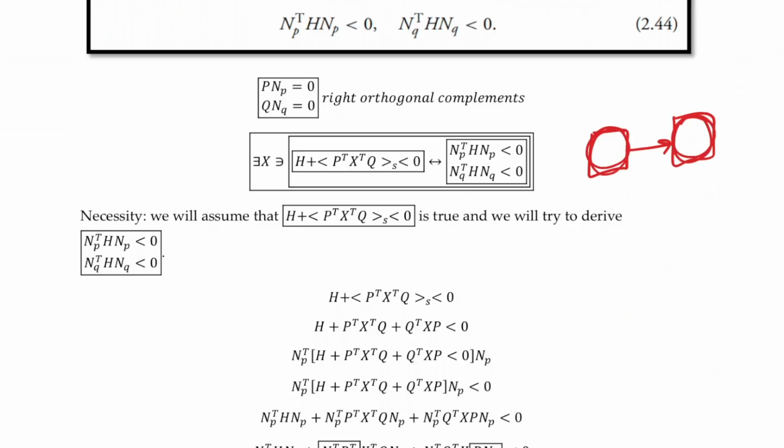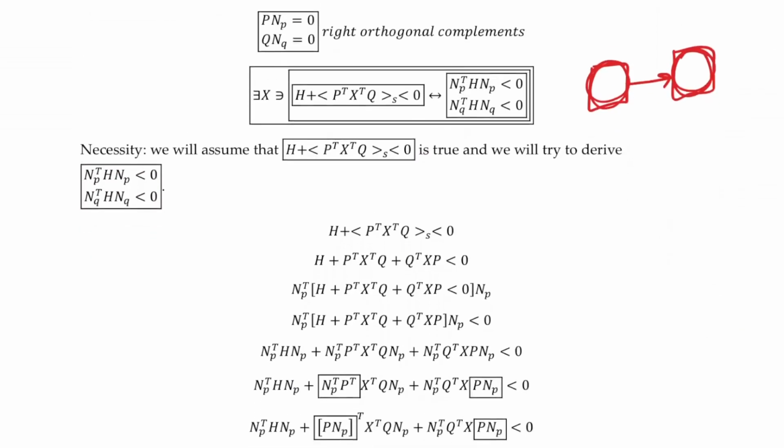If we are able to do that, we will say necessity is proven. First condition is true, and we will try to derive the second condition.